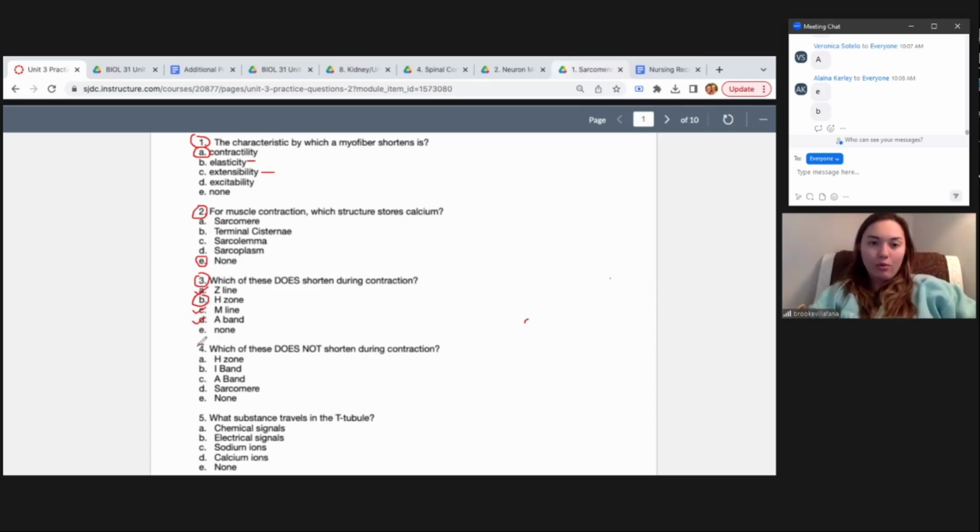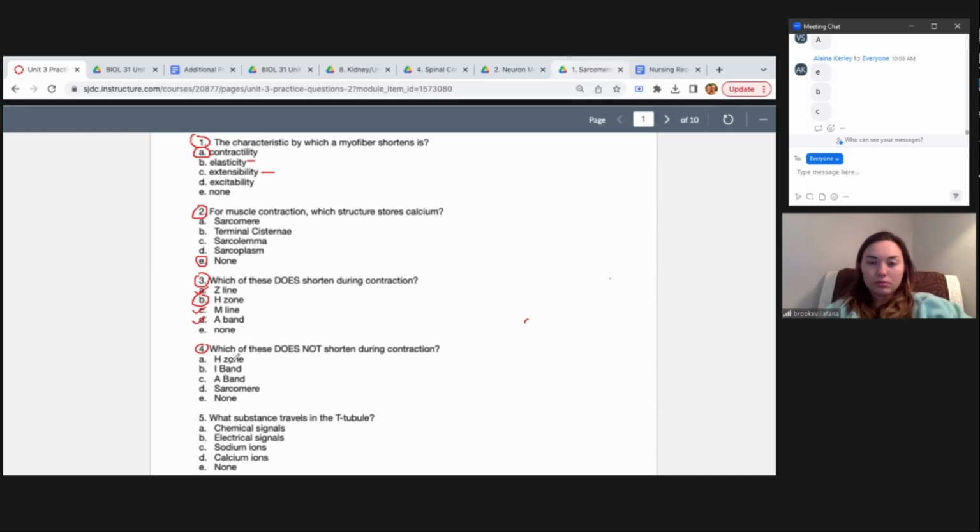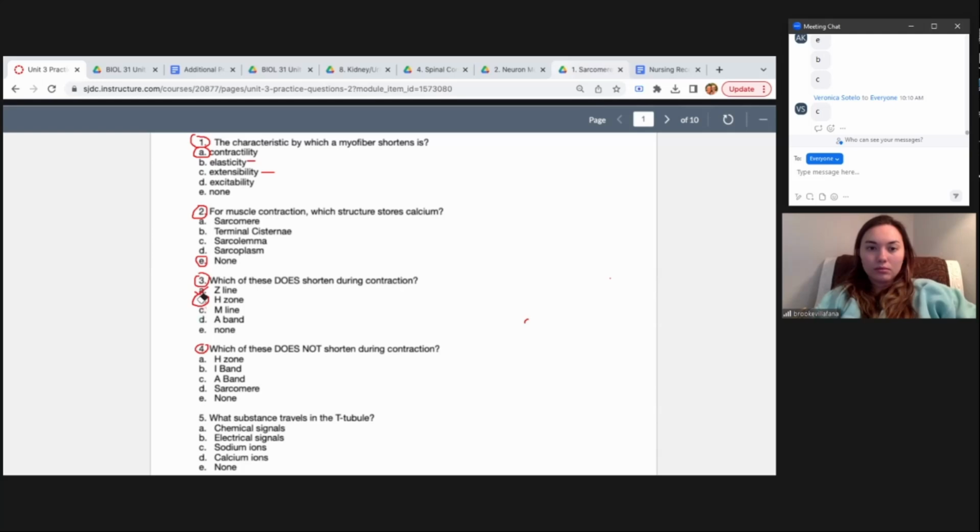All right, question 4. Which of these does not shorten during contraction? Good.